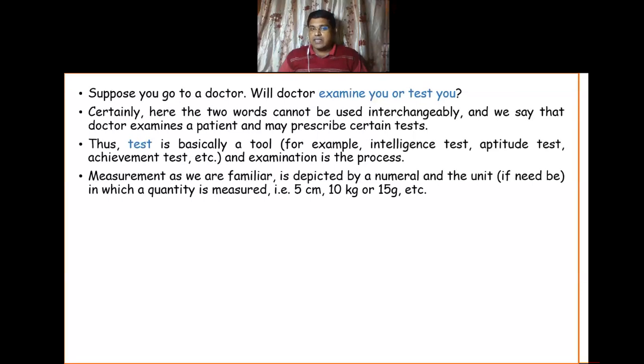But a test is basically a tool to know certain things, while examination is a process of the tests. And measurement is another term. Measurement is to know how long, how much length is there, how much width is there. Measurement gives some unit numbers.